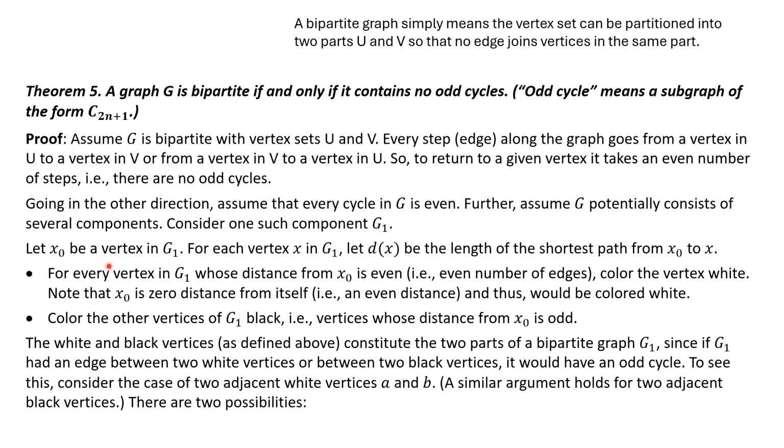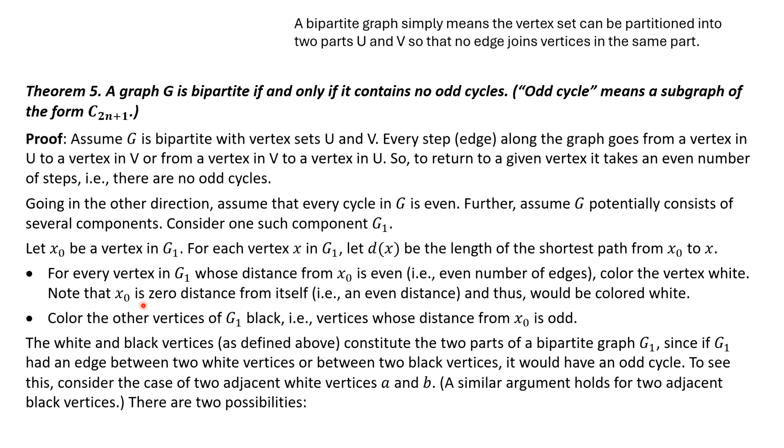So let x_0 be a vertex in G_1. For every other vertex x in G_1, let d(x) be the length of the shortest path from x_0 to x. And we'll use this definition to divide our component into the sets U and V. For every vertex in G_1 whose shortest distance from x_0 is an even number of edges, color the vertex white.